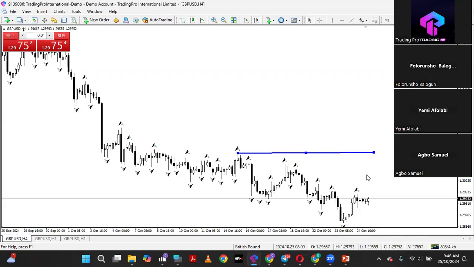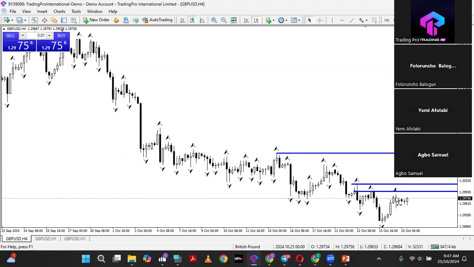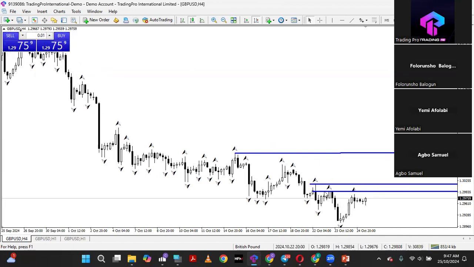So if you're looking at this GBP USD here on the 4-hour, we have a swing high here, another swing high here, and another swing high here.